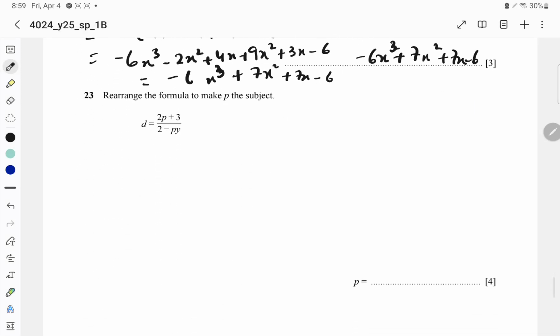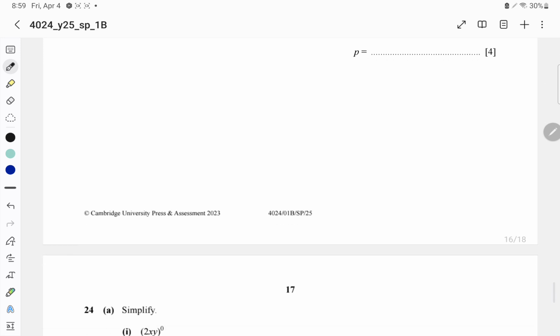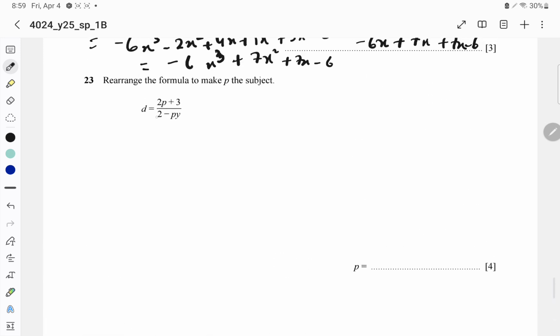Okay, question number 23, rearrange the formula to make P the subject. Alright, so multiply d with 2d minus p dy is equal to 2p plus 3. We have to make P the subject, so we'll have to take P common.